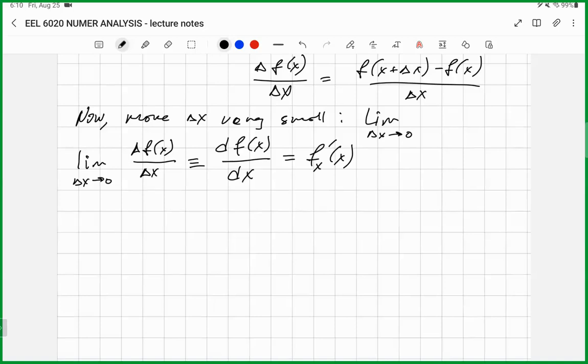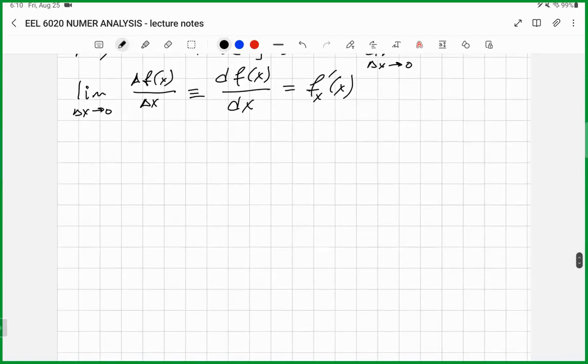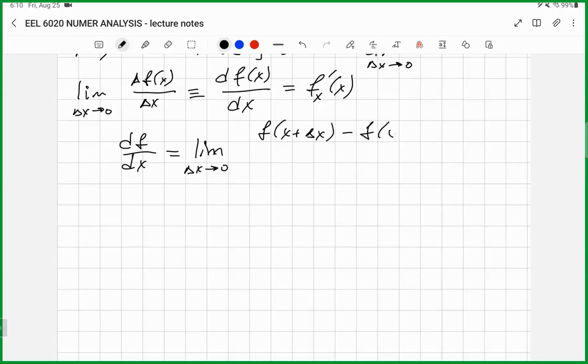So let me write this definition: df over dx is equal to the limit as dx goes to 0 of f(x plus dx) minus f(x), over dx.